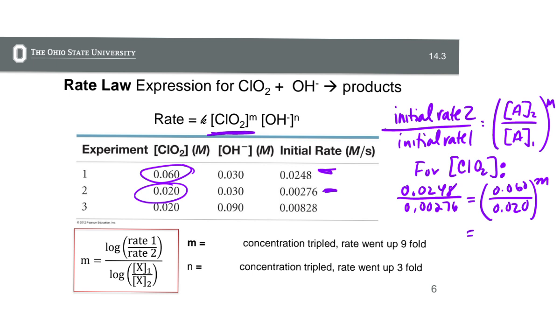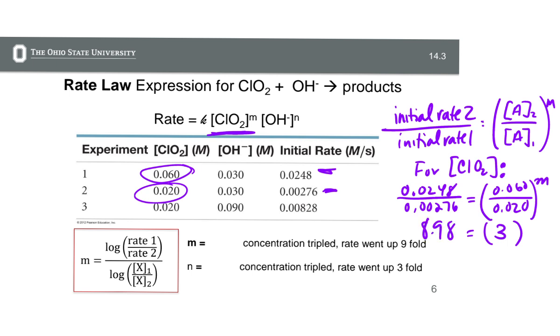What do we get when we divide 0.0248 by 0.00276? Is it close to 9? What'd you get? 8.98. That's what I wanted to know.